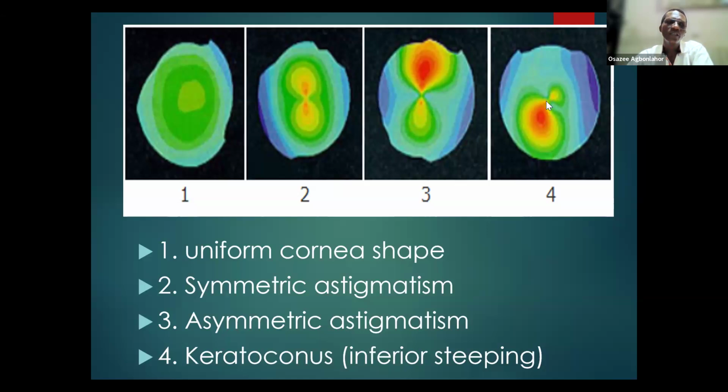Also, something is unique about this particular one: you see that it's skewed towards one area. That shows that it's actually an irregular form of astigmatism. Okay, so it's an inferior steepening of the cornea, and that is typical of the condition we call keratoconus.